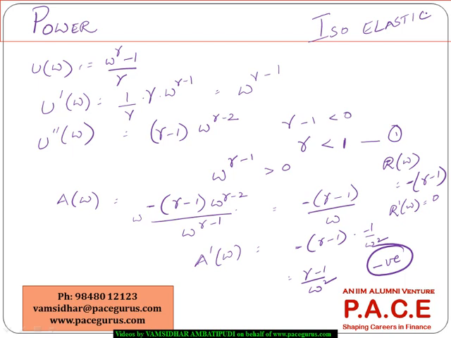The intention behind all of them is to understand the absolute risk aversion level as well as the relative risk aversion levels. Is it exhibiting an increasing property, a decreasing property, or some kind of constancy property with the increase in the wealth levels of the individuals?